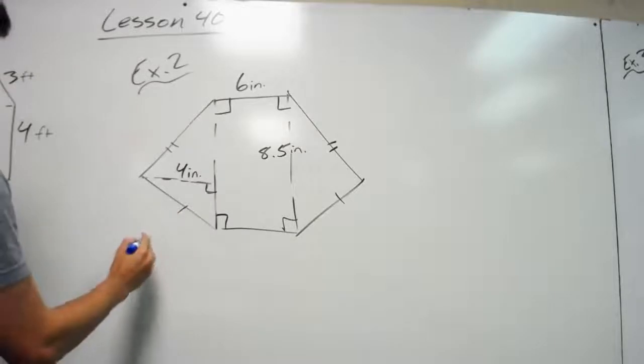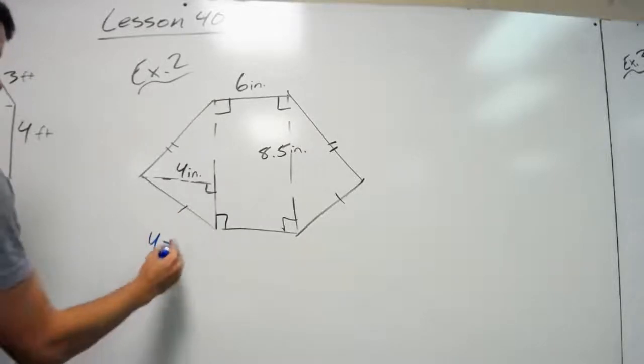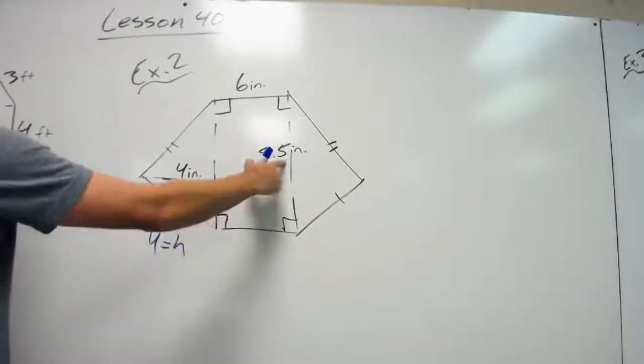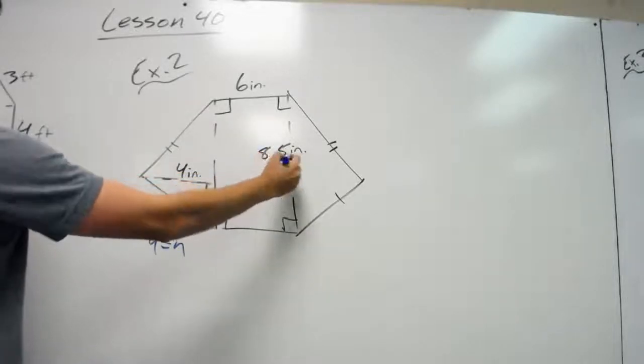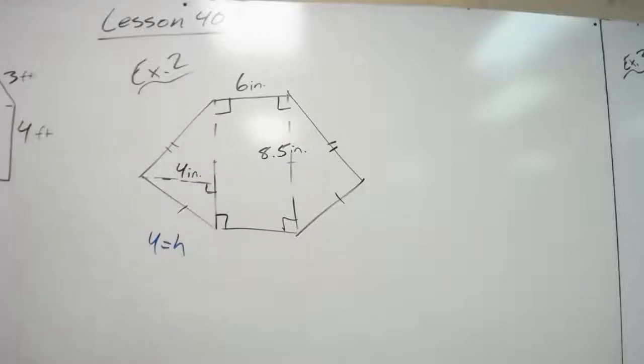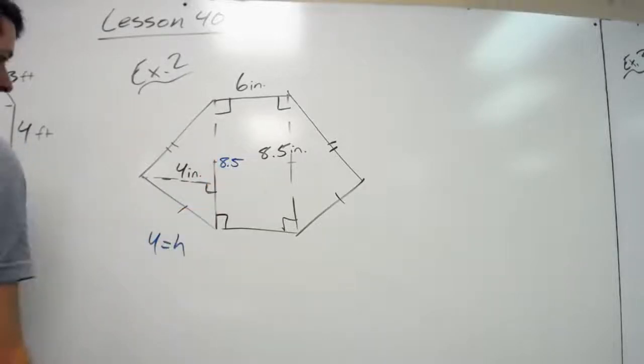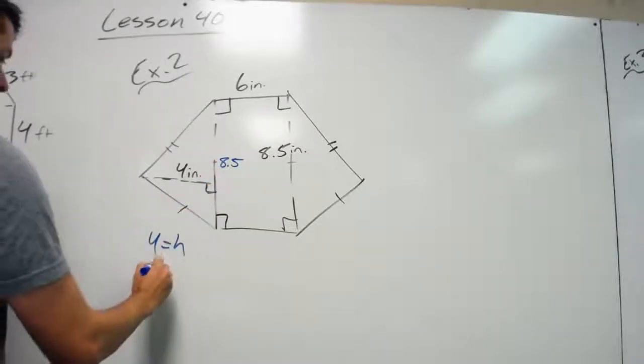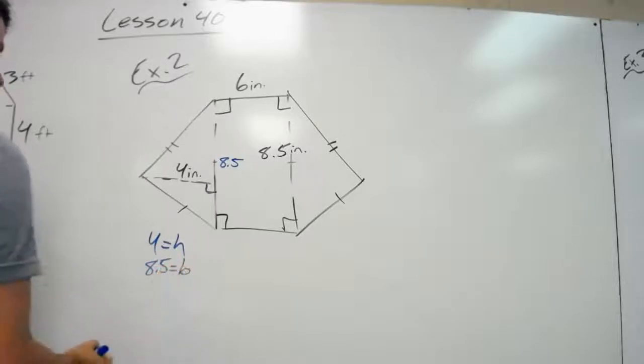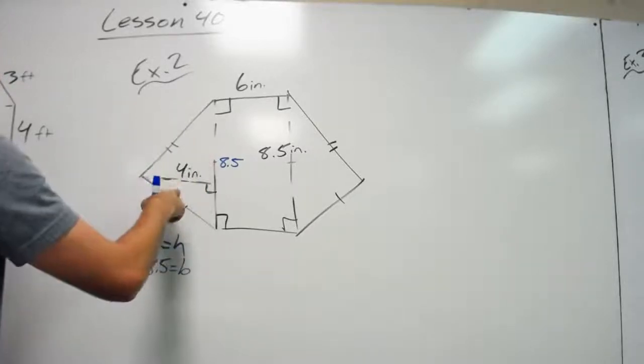Since it's perpendicular, 4 is going to be our height. Now the 8.5 is written over here, but we know that these are congruent, and so this side is also 8.5. And so 8.5 would be our base.